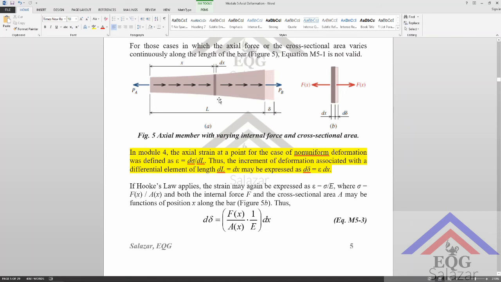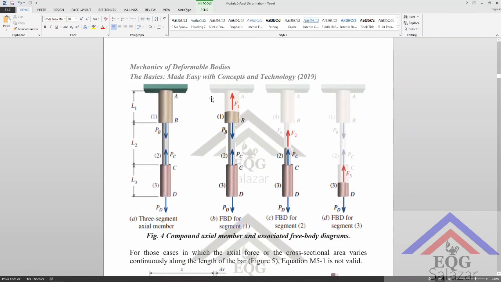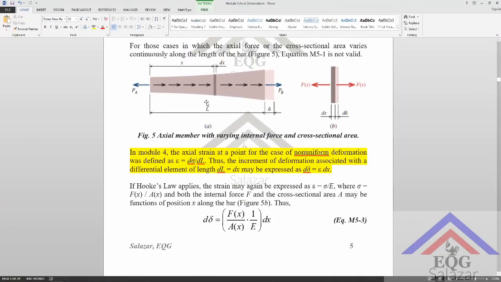Again, like the compound axial bar, we have to apply the method of sections and expose the internal force, which will change with respect to the position, because the cross-sectional area grows as we go farther from the reference point.